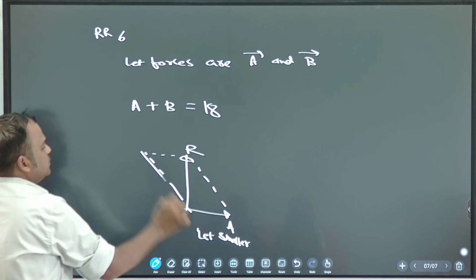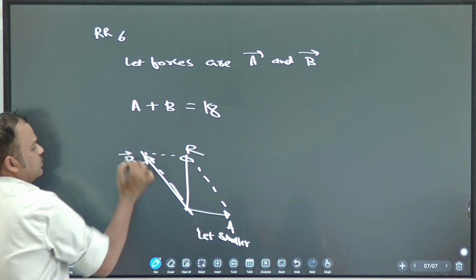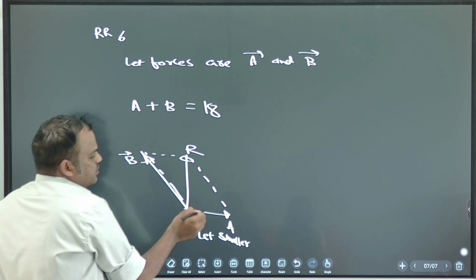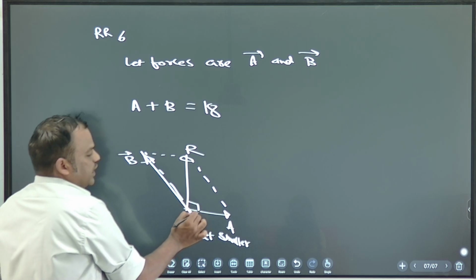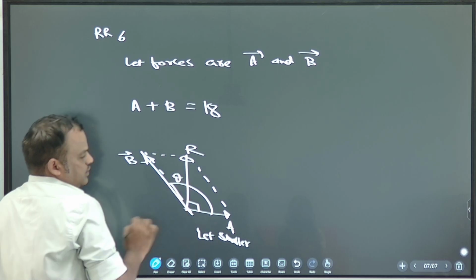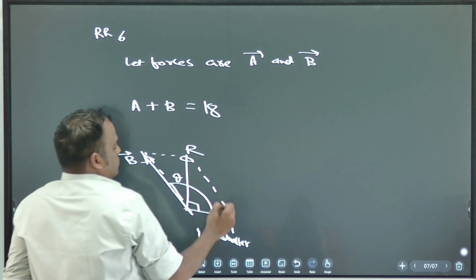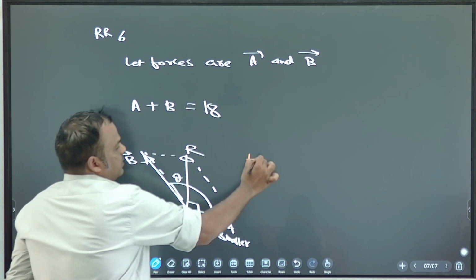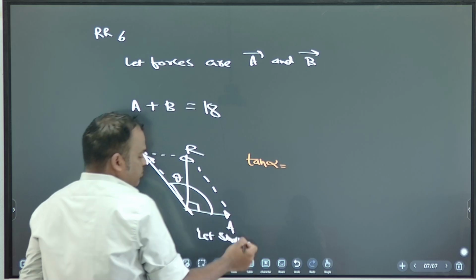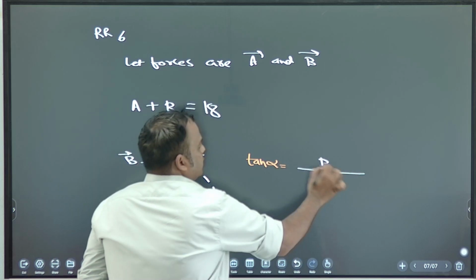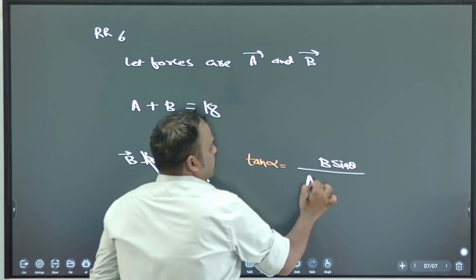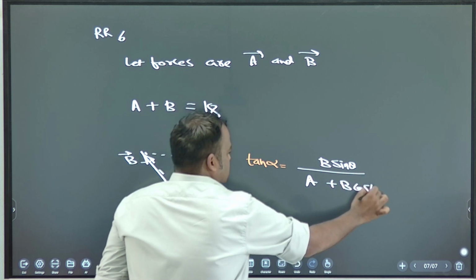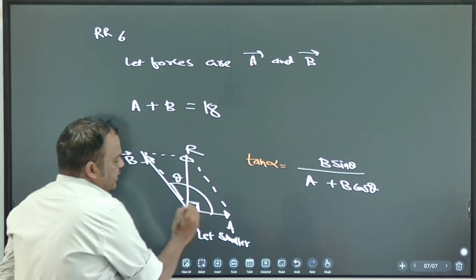We have done this, right? This is B vector. Can you tell me what is this angle? 90, and this angle theta. So tan alpha, what is the formula for tan alpha? B sin theta by A plus B cos theta. Very good. And alpha is 90 here.